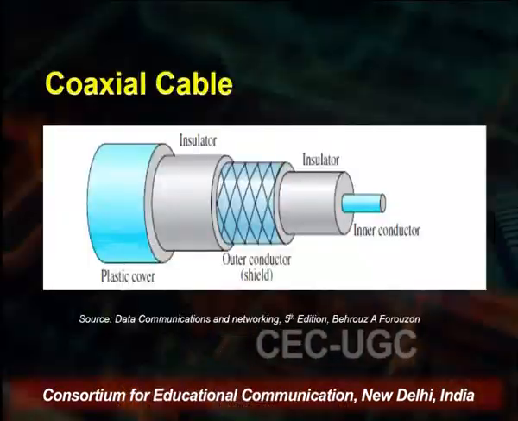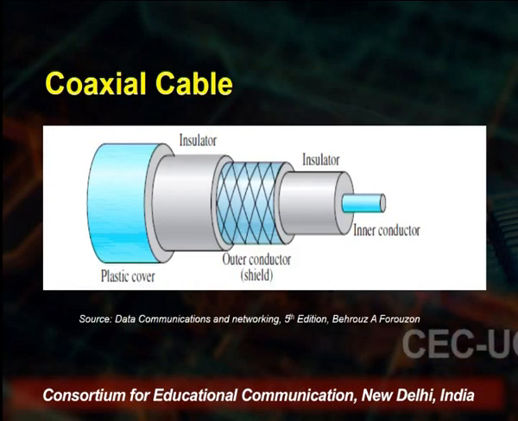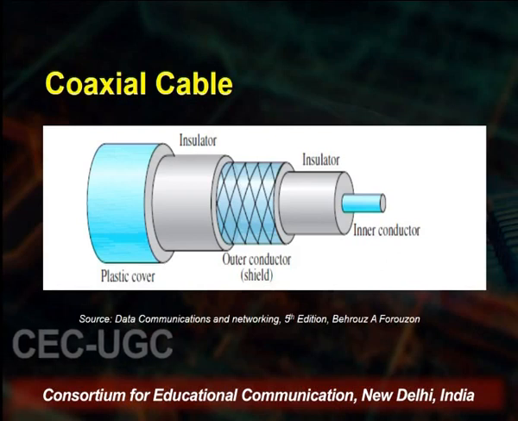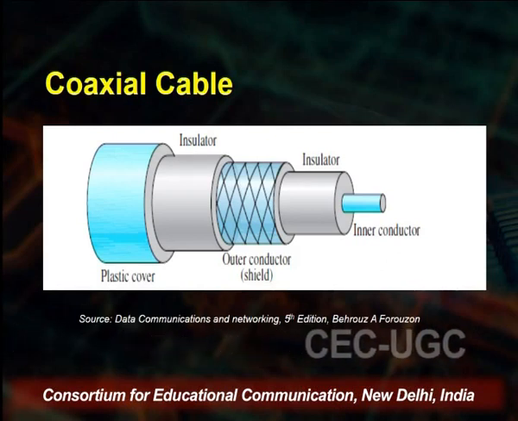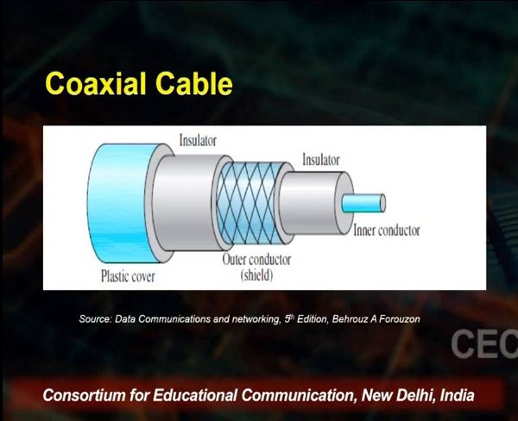The next type of cable that we need to look at is the coaxial cable. Now the coaxial cable structure is much more complicated, and it has more layers in it as compared to the twisted pair cable.